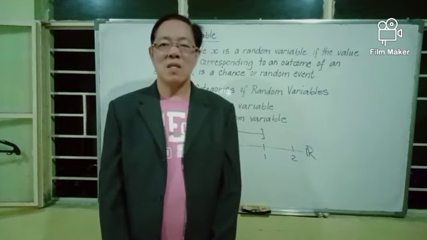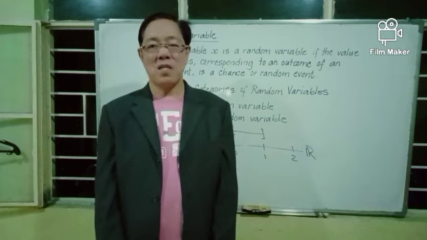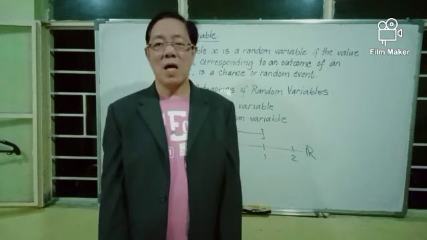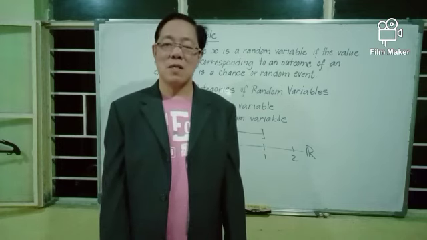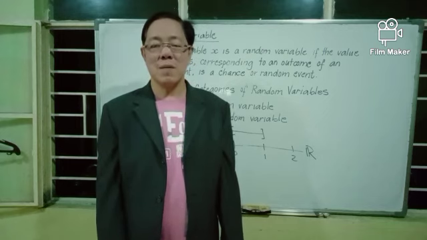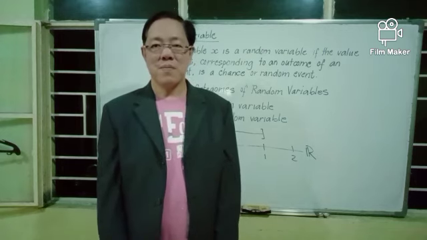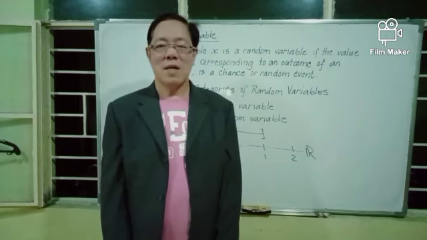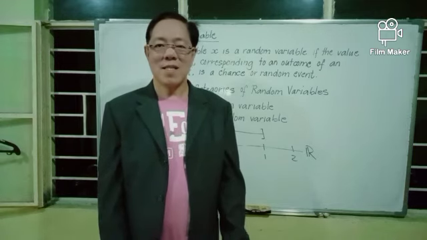And if we display these possible values of the random variable x and their corresponding probabilities using a chart, we call it probability histogram. And we will now take an example.